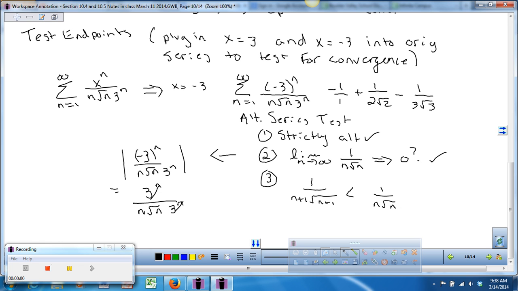N plus 1 is always bigger than n. Root n plus 1 is always bigger than root n. So this denominator will always be bigger than this denominator, which means that this fraction will always be less than that fraction. Check. Okay? So this is convergent by the alternating series test.